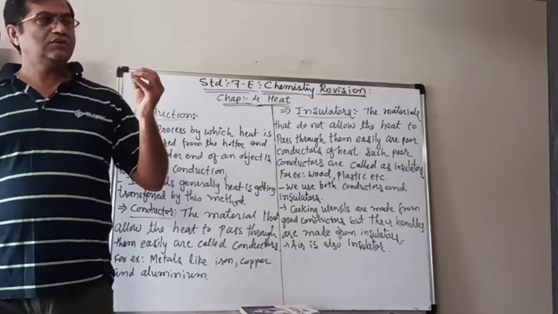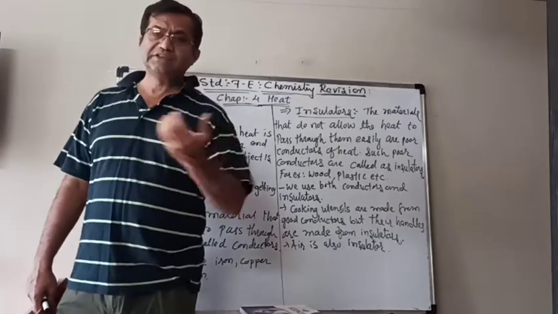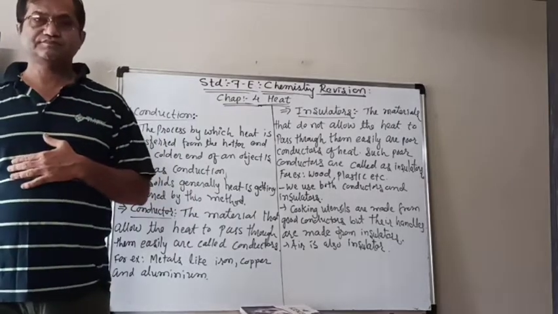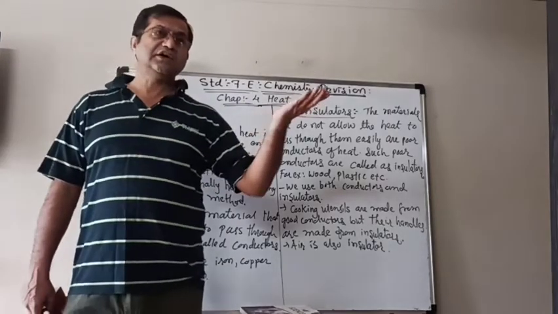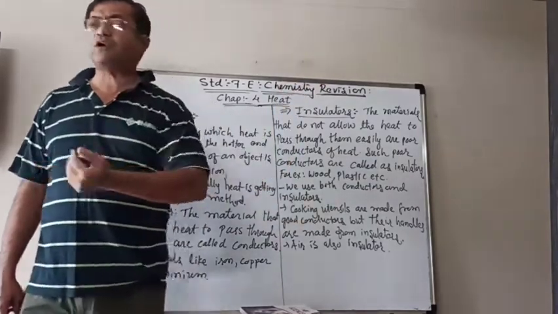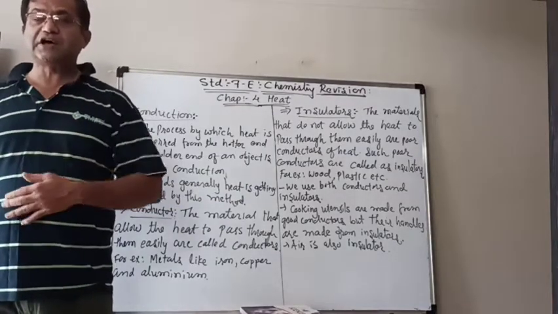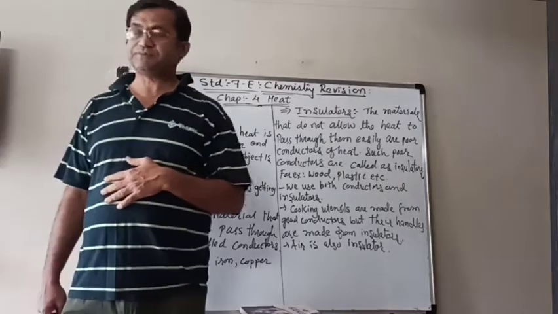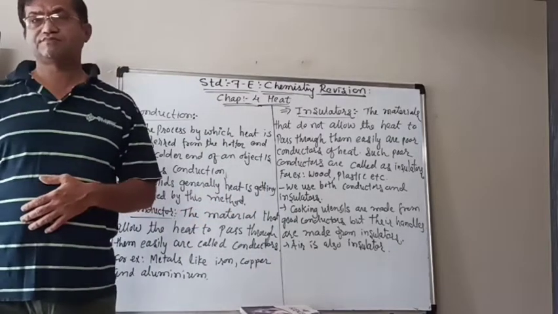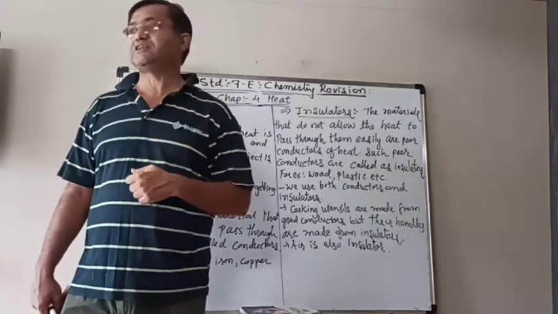The transfer of heat can take place only when the temperatures of two objects are different, and then the heat from the object whose temperature is more can flow to the object whose temperature is lower than that hotter object. But if the temperatures of both the objects are the same, then the transfer of heat does not take place.